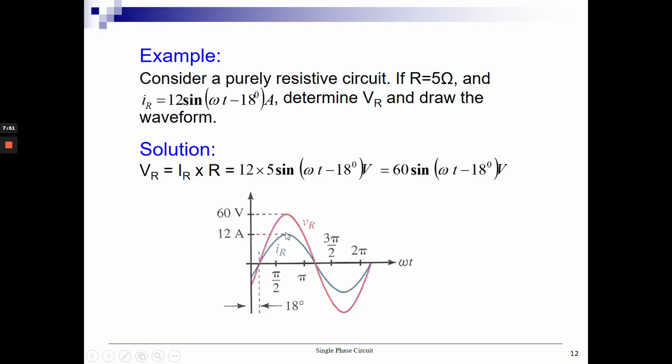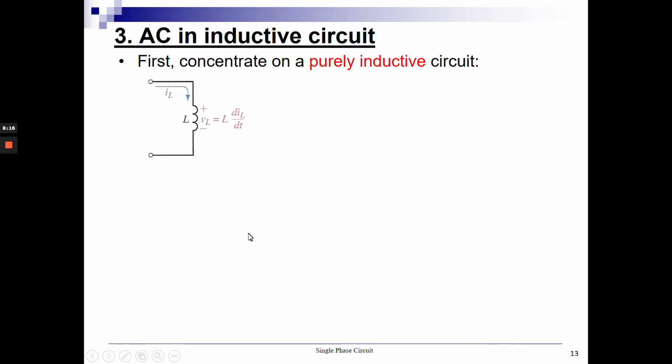So both voltage and current start at the same point, where your phase difference is 0, and the shift is 18 degree. For voltage, your maximum voltage is 60, and for current, your maximum current is 12. Okay, AC in inductive circuit.